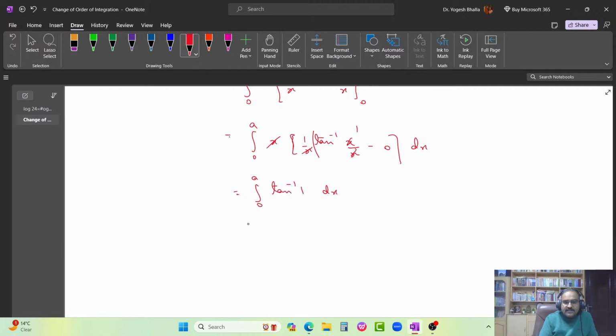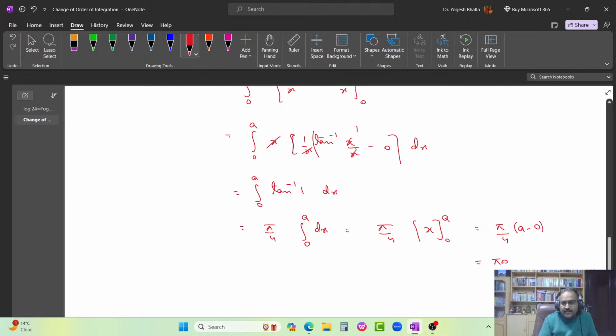Tan inverse 1 is 45 degrees, pi by 4, taken out, 0 to a of dx. Integration of dx is x from 0 to a, so pi by 4 times upper limit minus lower limit. So the answer will be pi a by 4. This is your final answer. Hope it is clear to everyone.